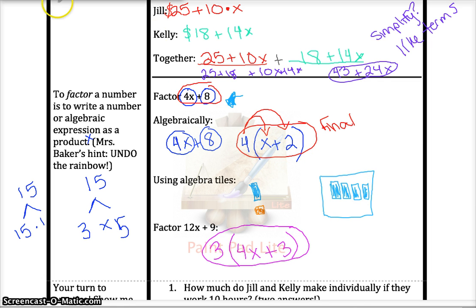And then I need 8 of those single squares because I have 8 right here, plus 8. And I need to distribute those 8 amongst these 4. So I need to do 1 here, that's 2, 3, 4, 5, 6, 7, 8.